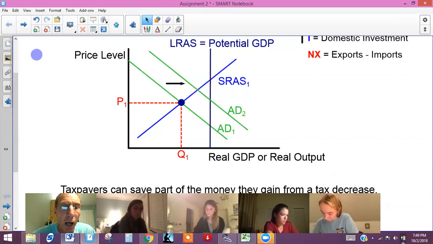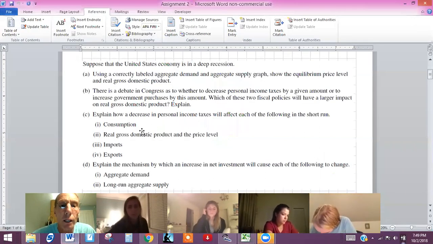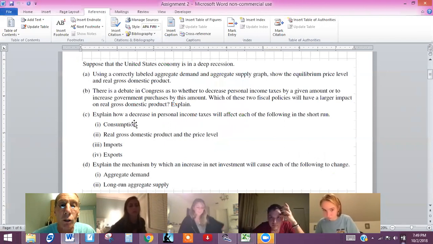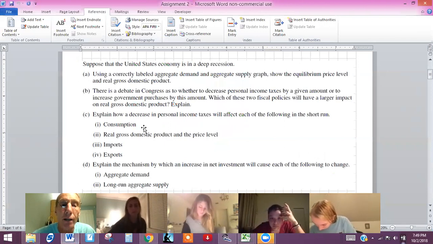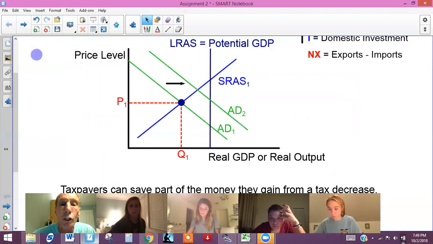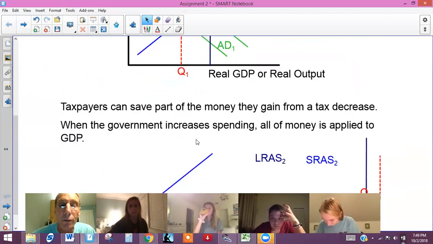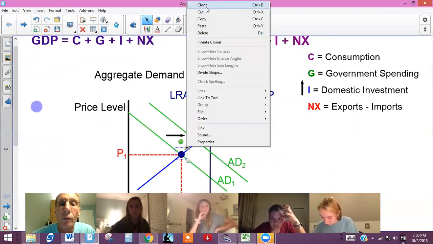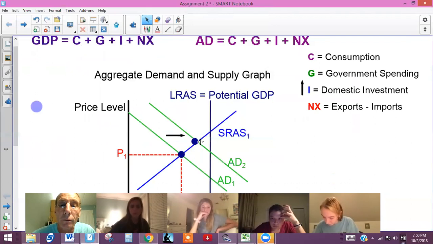So now they're asking about real output and price level. What you could also show is what's going to happen with the actual output and price level. Well, with an increase in money in everyone's pocket, which will increase consumption, which will increase aggregate demand, you can easily see where we will have a new market equilibrium somewhere right here, right?